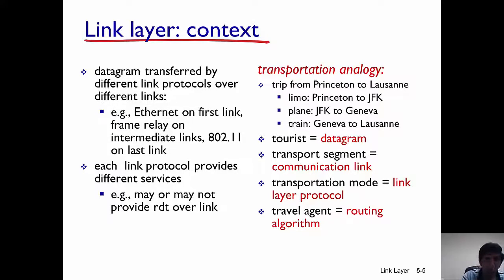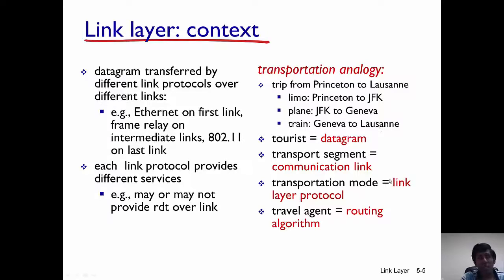Now, the tourist is you, and we could think about the tourist as a datagram. Each of these legs is a communication link, and the transportation mode can be thought of as a link layer protocol. So the limousine is one kind of link layer protocol, the plane is another kind of link layer protocol, and the train is another kind of link layer protocol.